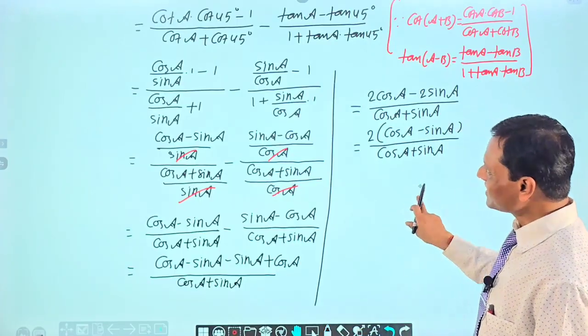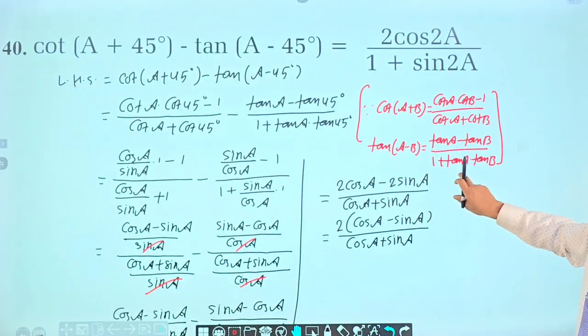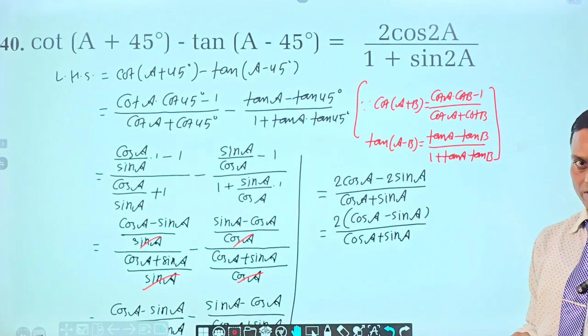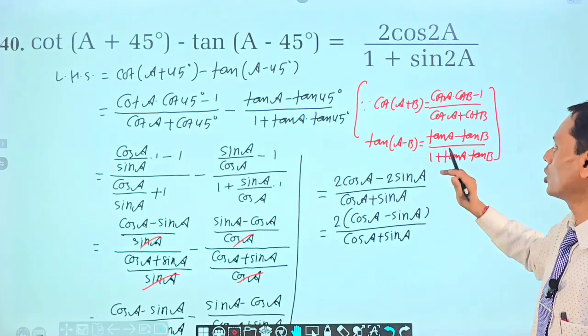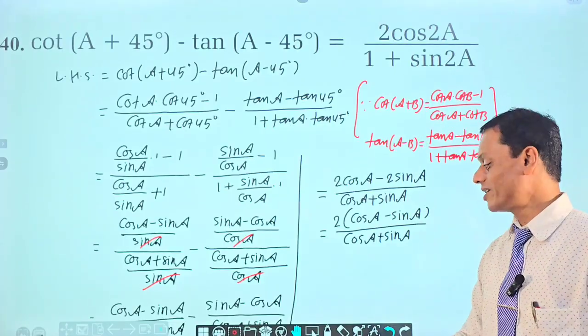Now if we see the right hand side here, cos 2A is at the numerator. So cos 2A means cos square A minus sin square A, right? So we need cos A plus sin A, cos A minus sin A at the numerator.